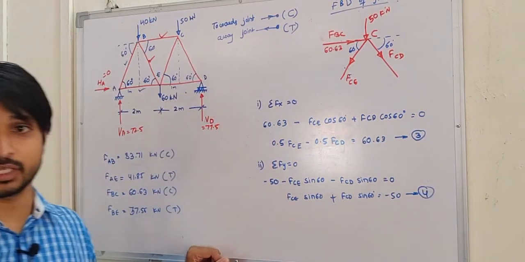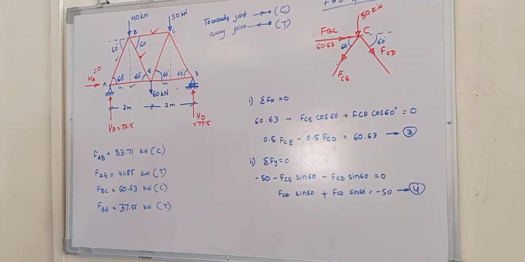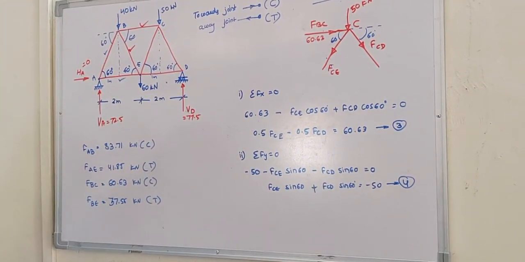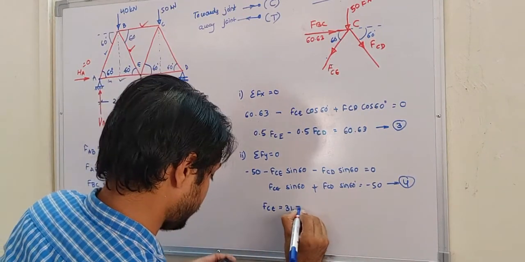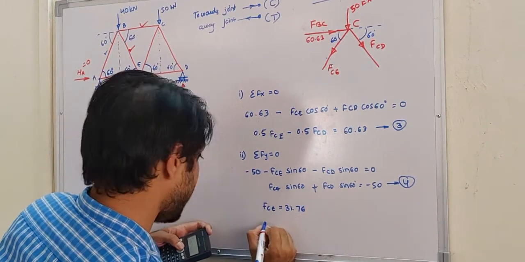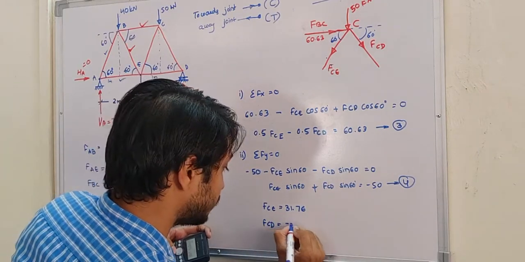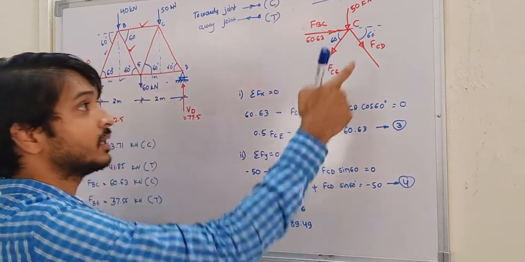So solving equation number 3 and equation number 4, we get FCE is equals to 31.76 and FCD is equals to minus 89.49.